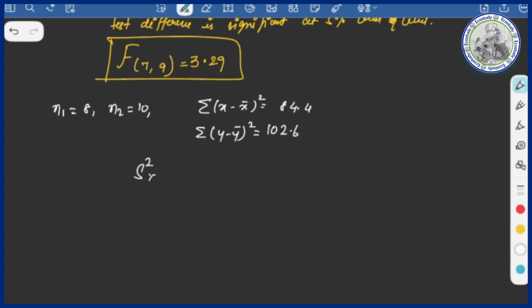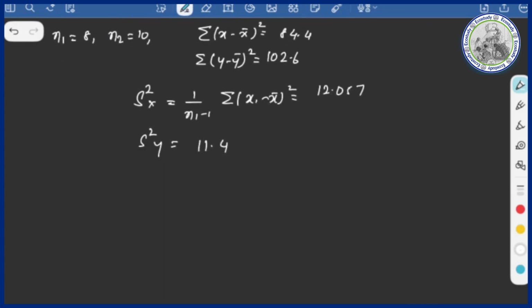Just calculate S square x, that is 1 upon n1 minus 1 sigma xi minus x bar whole square, that is 12.057, just divide 84.4 by 7, and S square y similarly is 1.4. Now H naught is sigma square x is equal to sigma square y is equal to sigma square, the samples are homogeneous.